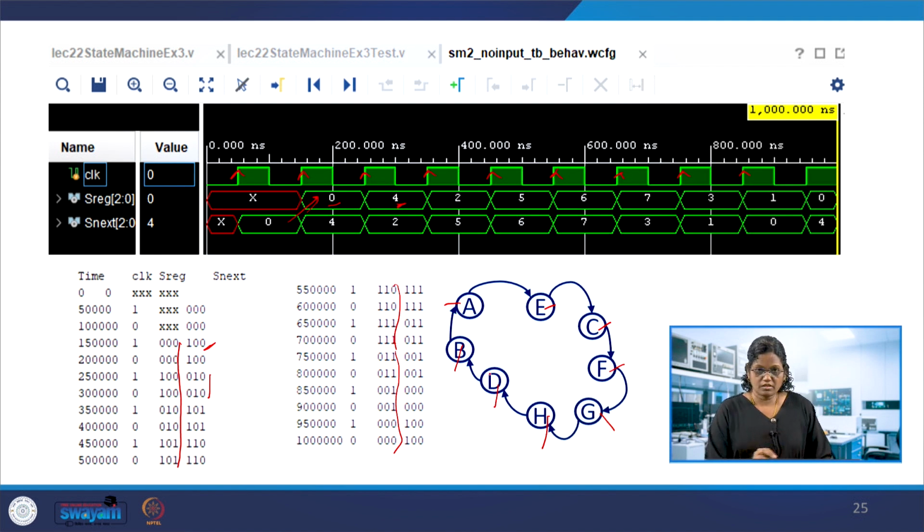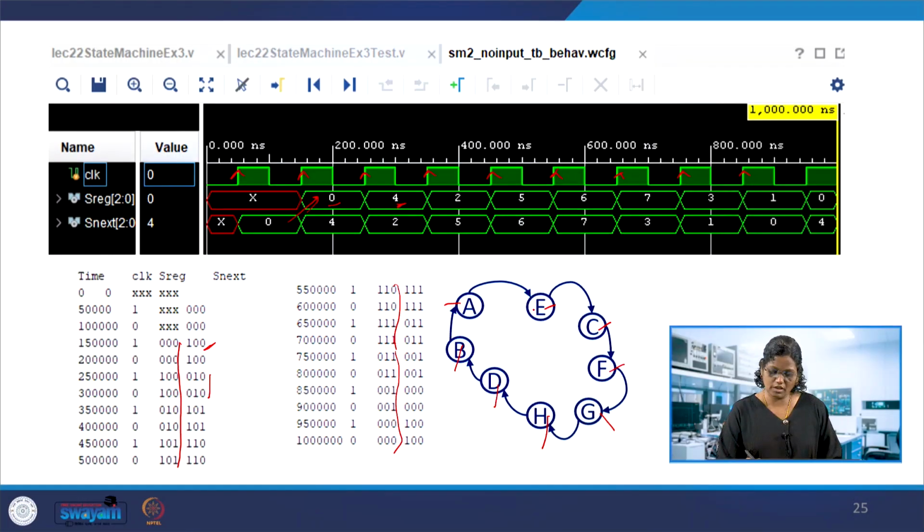So this completes the Moore state machine. Even without any input, this is a typical example of a counter which can be used as a state machine. We can develop the counter module, the 3-bit counter or the 2-bit counter, as a state machine in this fashion.